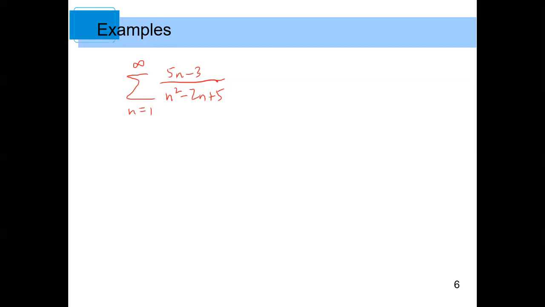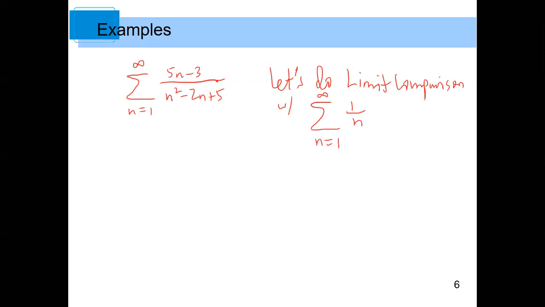Okay. So let's do limit comparison with series n going from 1 to infinity, 1 over n. Okay? So note the following.